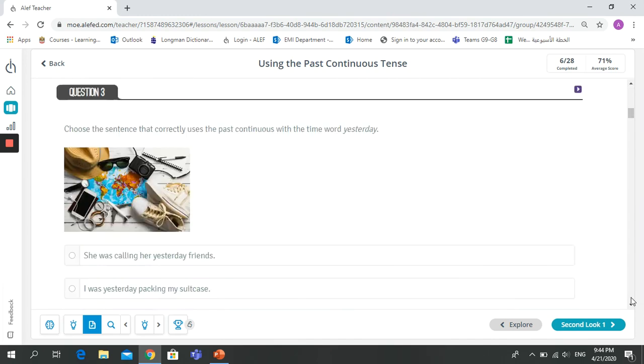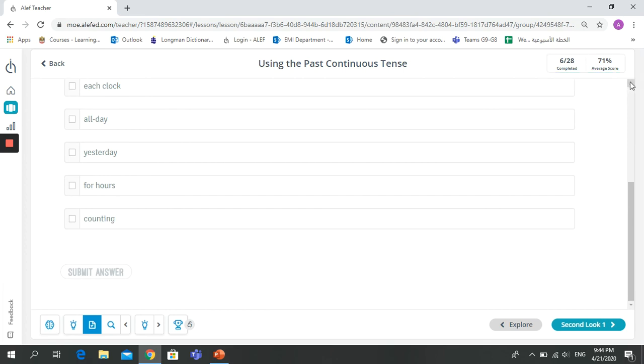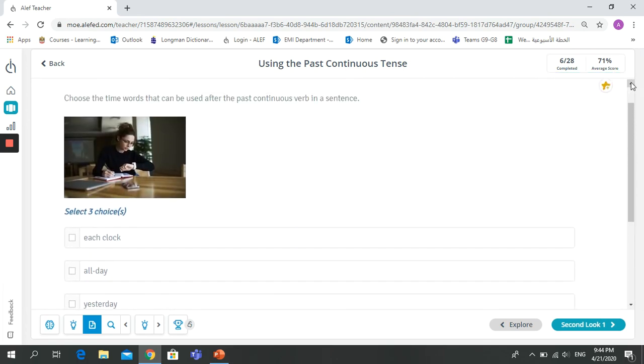Example number 4. Let's check the sentence or the question. Choose the time words that can be used after the past continuous verb in a sentence. Give me a time word. A time word is any word that indicates time, like yesterday, like all day, like last week, last summer.